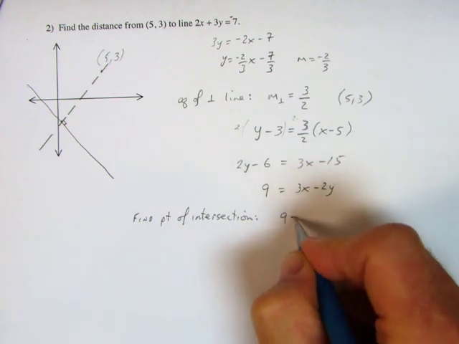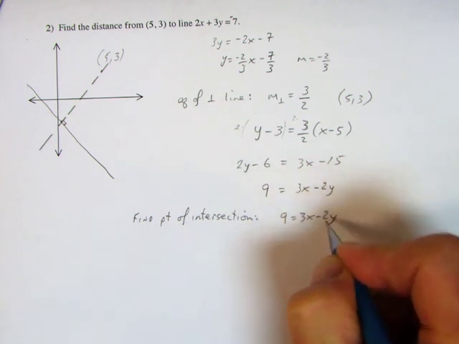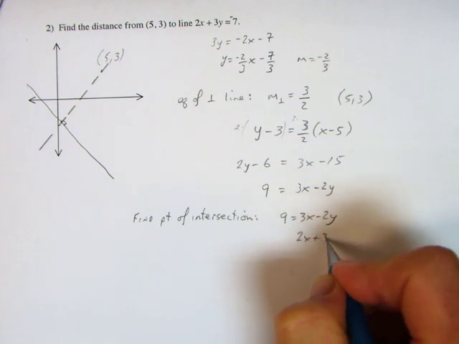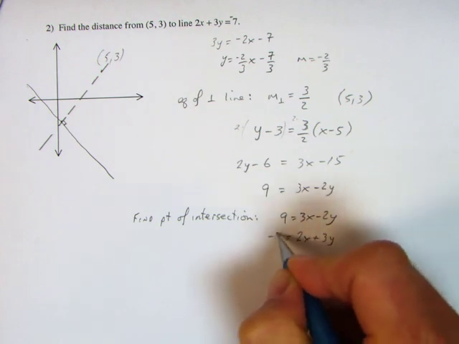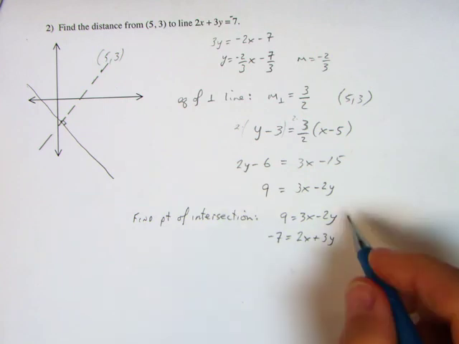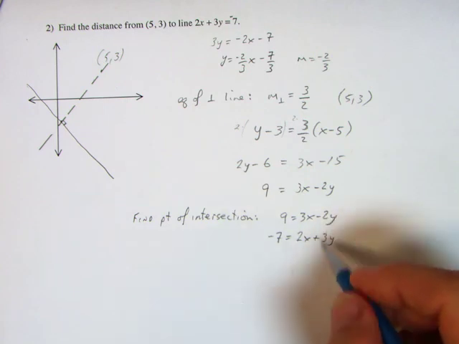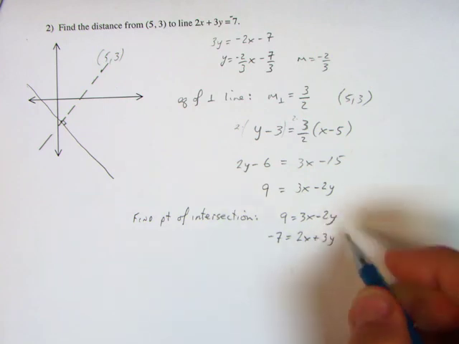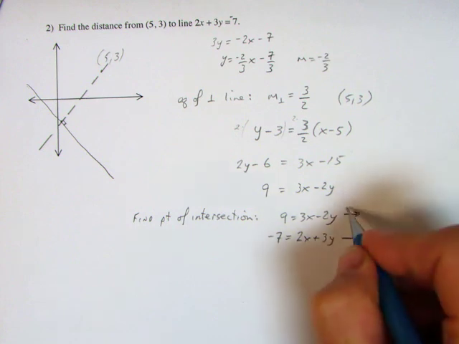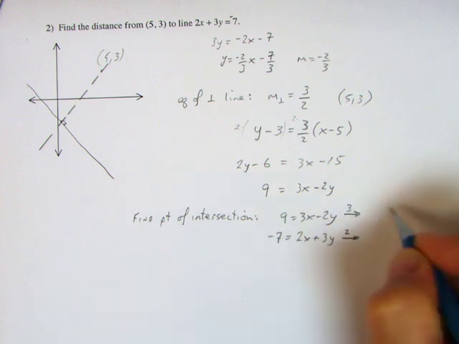So 9 = 3x - 2y, and the given line was 2x + 3y = -7. Now we can get rid of either variable we want, x or y. Since the y's are opposite in sign right now, let's get rid of those. We'll multiply the top by 3 and the bottom by 2.